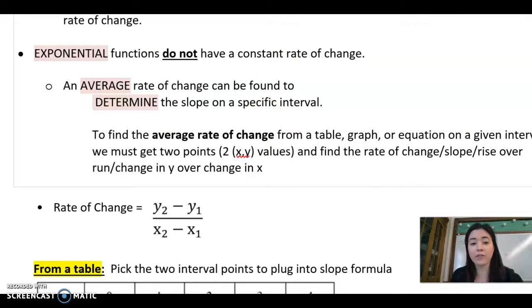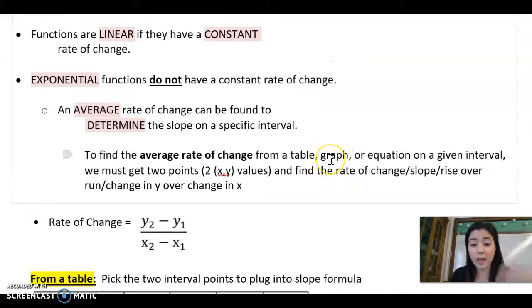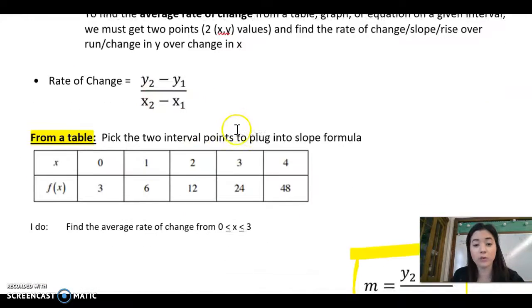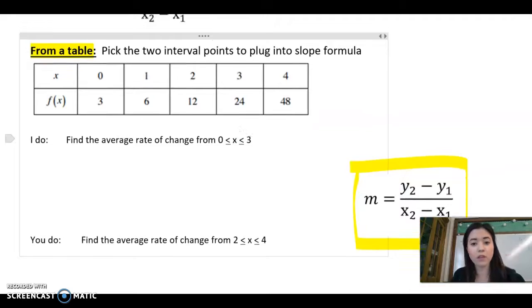So to find an average rate of change from a table, a graph, or equation, we're going to take 2 values, 2 xy points, and we're going to plug them into that slope formula. So it's the change in y over the change in x. So again, y2 minus y1, x2 minus x1.